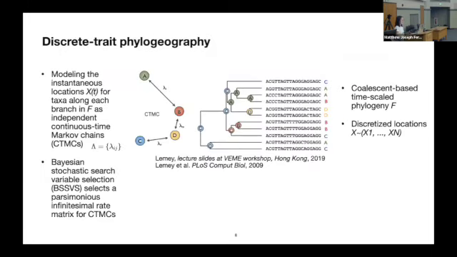We use a method called discrete traits phylogeography, developed by my collaborator, Philippe Lemey. The basic idea is when we infer the coalescent-based phylogeny, we also infer the diffusion of traits A, B, C, D. In our case, the traits are the locations of virus samples. I won't go into details because of time, but I'm happy to talk about this later.